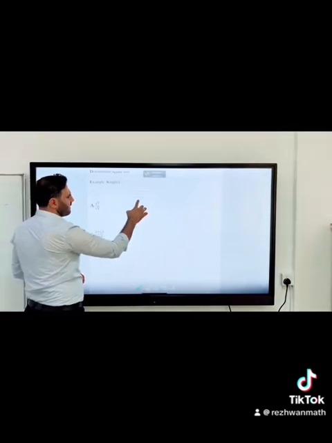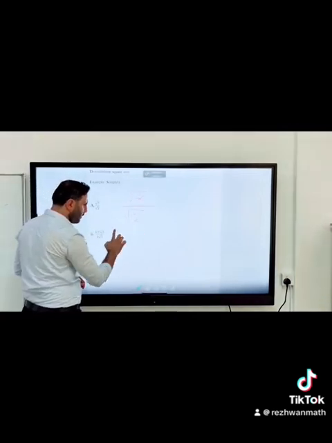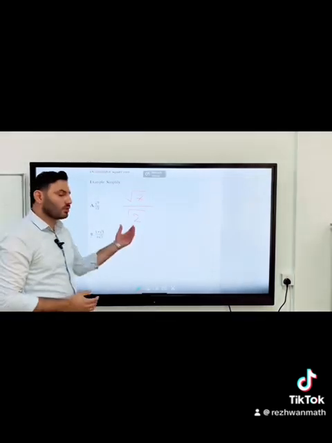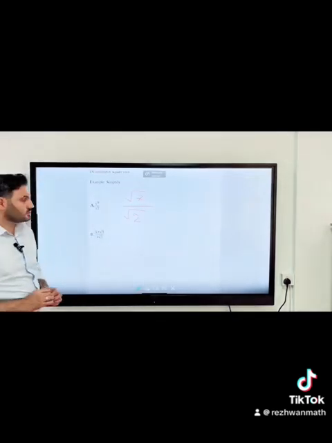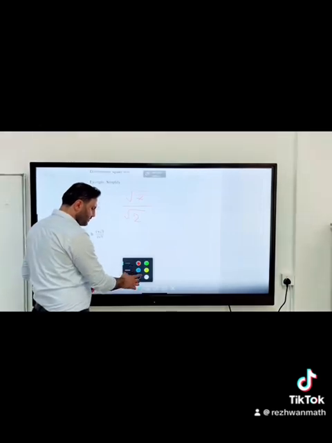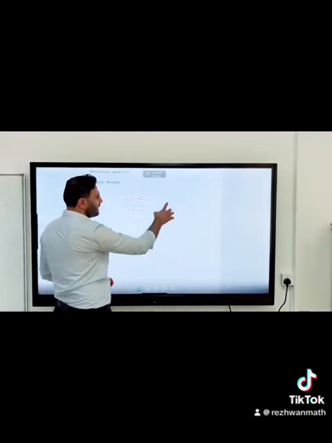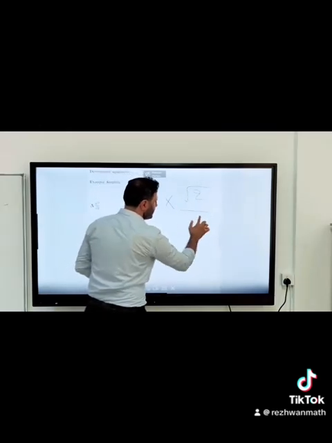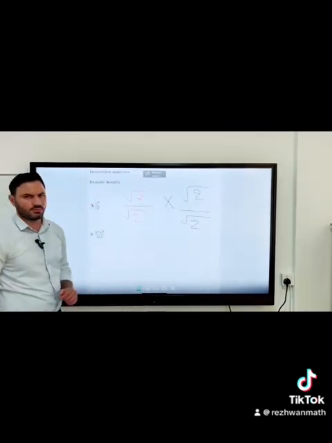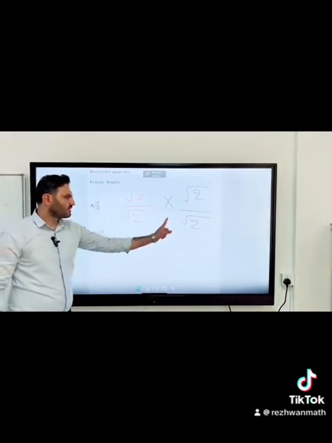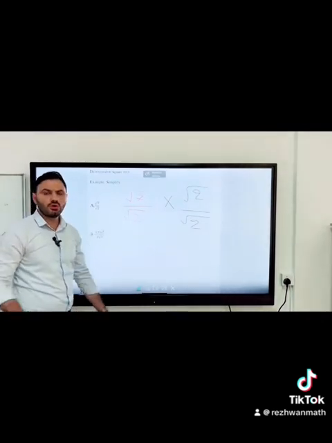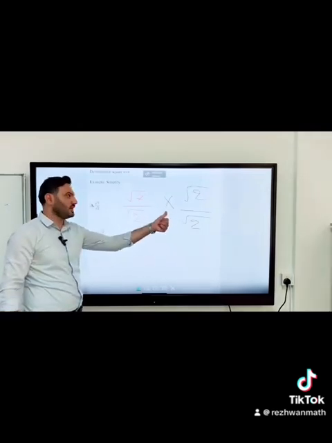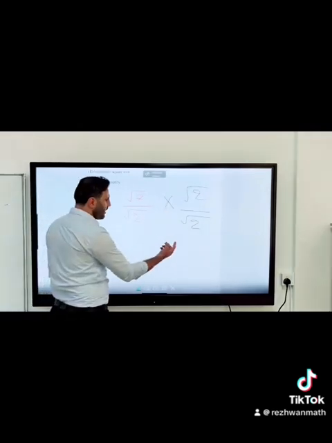Look at square root 7 over square root 2. We said a square root in the denominator is not allowed, so you have to multiply both denominator and numerator by the square root of the denominator. What's the square root of the denominator? We have square root 2. Now, square root 2 times square root 2, we get 2. Because we have the same square root multiplied, we get the number without square root.